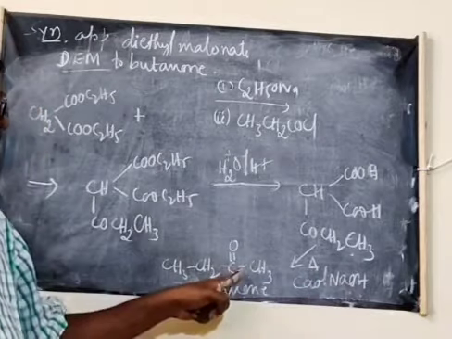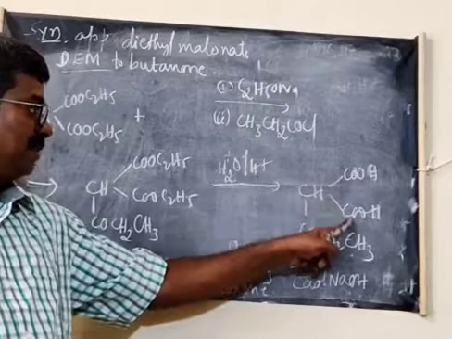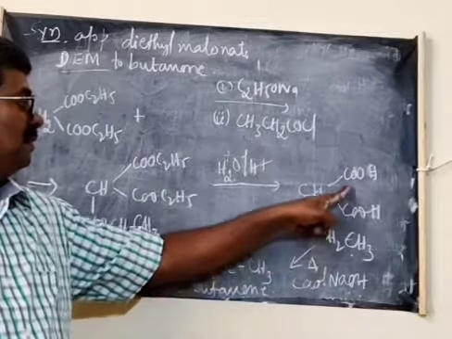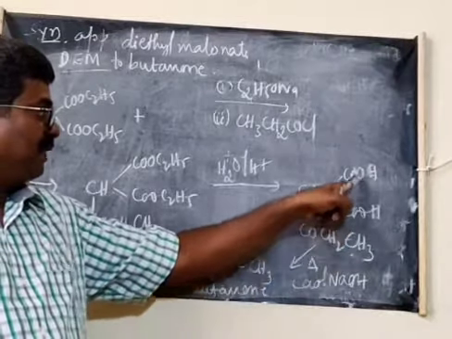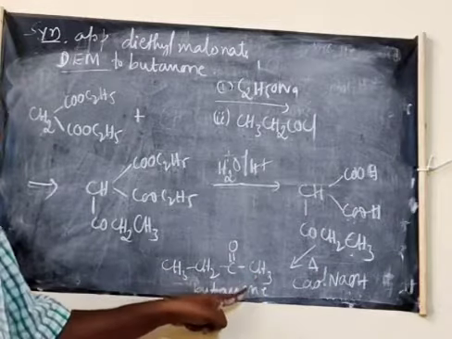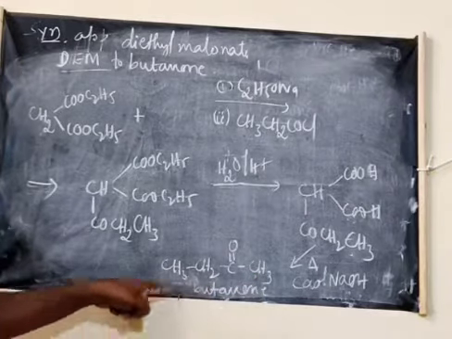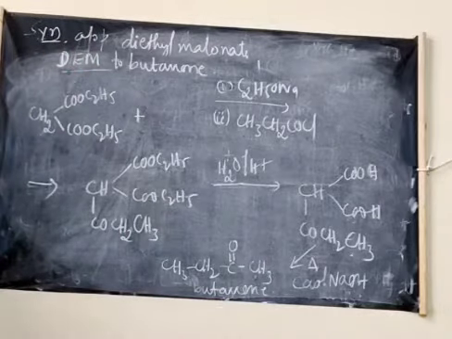The decarboxylation takes place. Both the CO2 groups are eliminated to form this CH3 group. So the final product is butanone. This is how one can convert diethyl malonate to butanone.